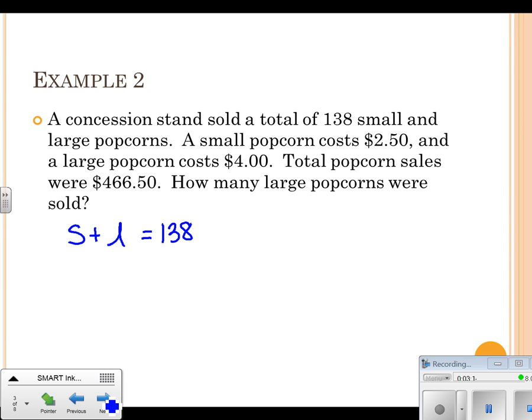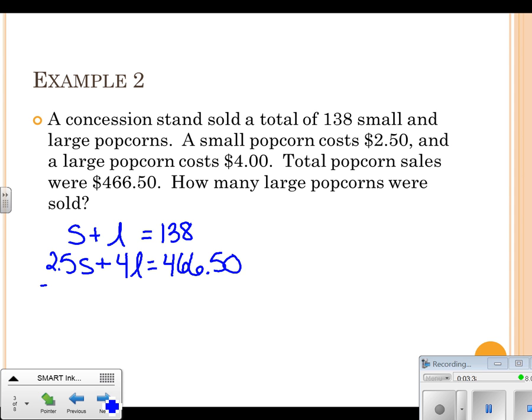We also know the cost, 2.5 for a small plus 4 for a large gave us the total of $466.50. Now you can see what I did here is I lined up the s's, the l's, and the constants the way I wrote my system.